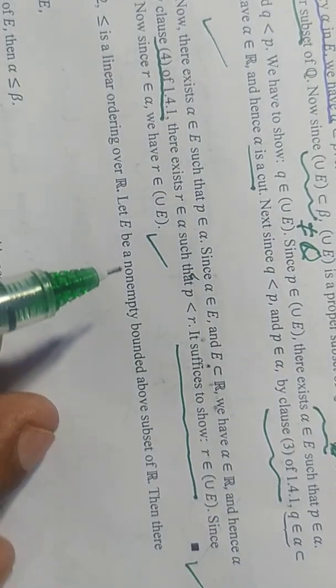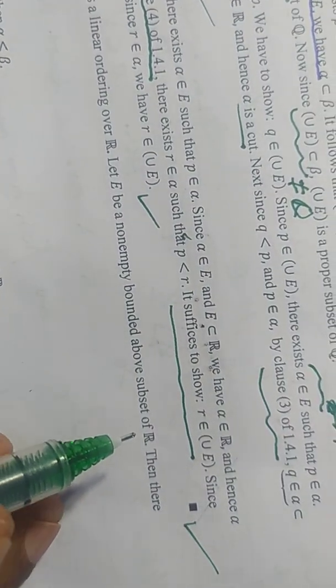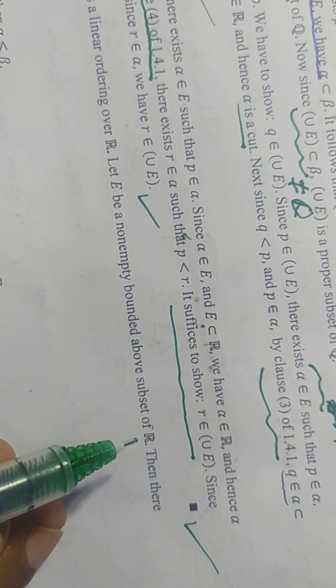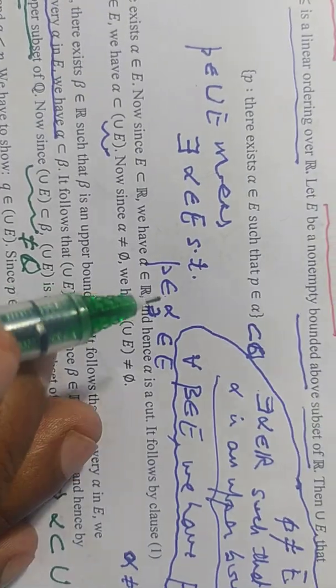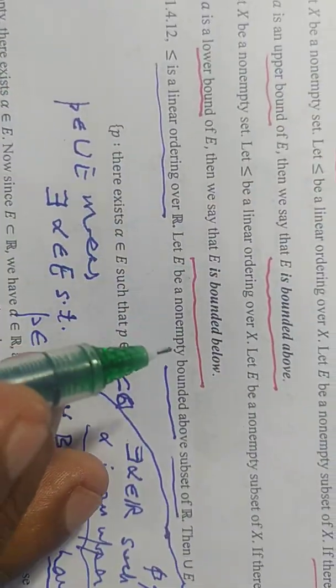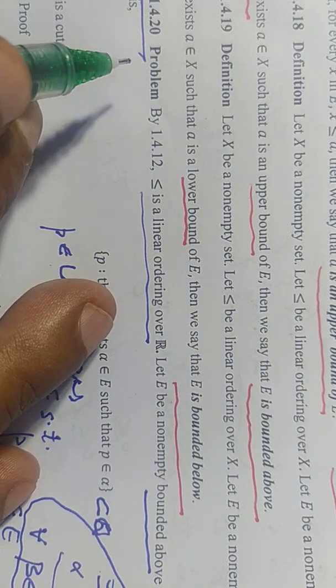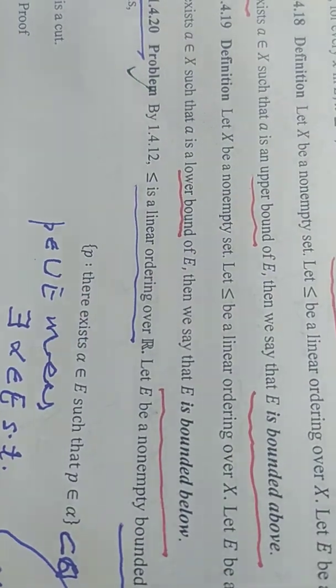Now let E be a non-empty bounded above subset of R. It is the same thing as our previous theorem, which has been proved in my previous lecture.